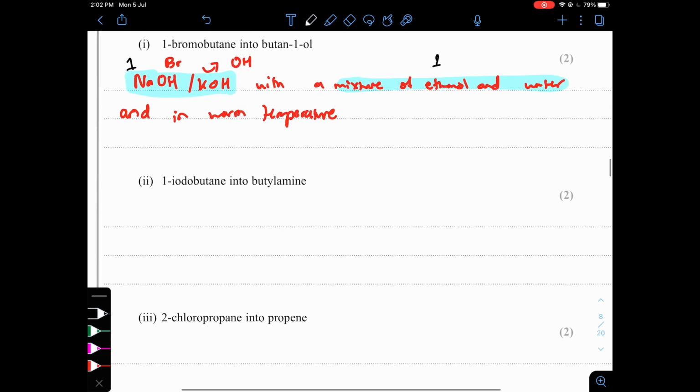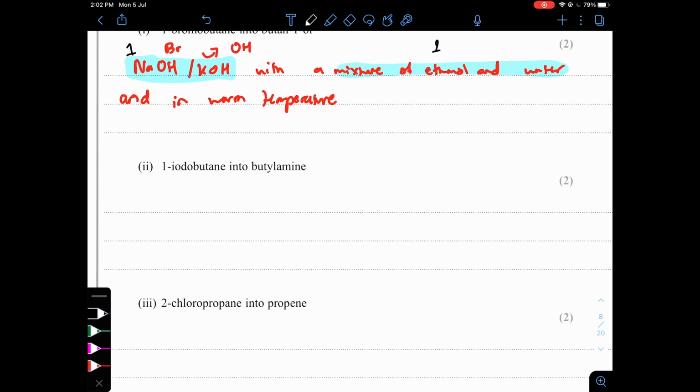So 1-bromobutane into butylamine. Now as soon as I see amine, I think of ammonia. I think of NH3, always ammonia. Now this halogen alkane turning into an amine. Well, we're reacting the halogen alkane with ammonia in a heated environment. So our reagent is NH3, right? NH3.